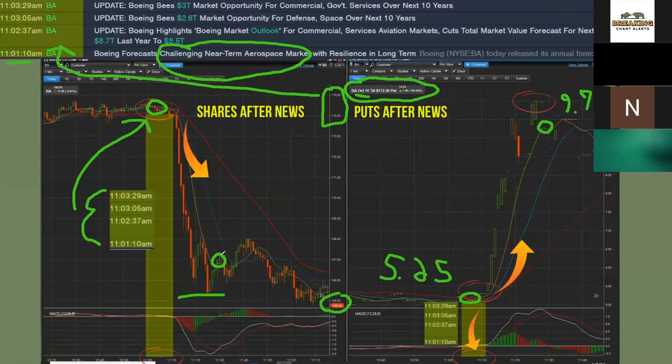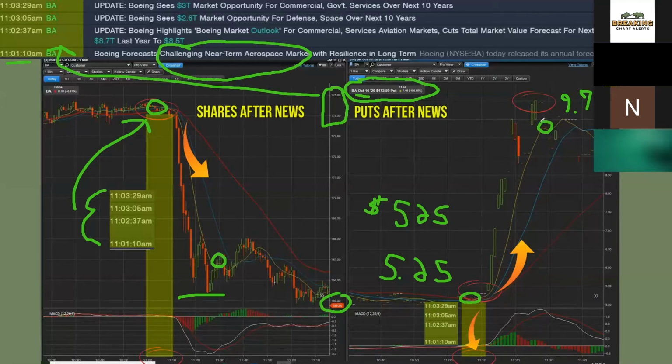And then when you got your sell signal, that first candle above the 10-day, when you're in breakdown momentum, you're not selling until you get that first candle with the body above that 10-day simple moving average. So look at what you were able to do with that news off of Boeing. You were able to jump in for $525. And that's at about 11:03.